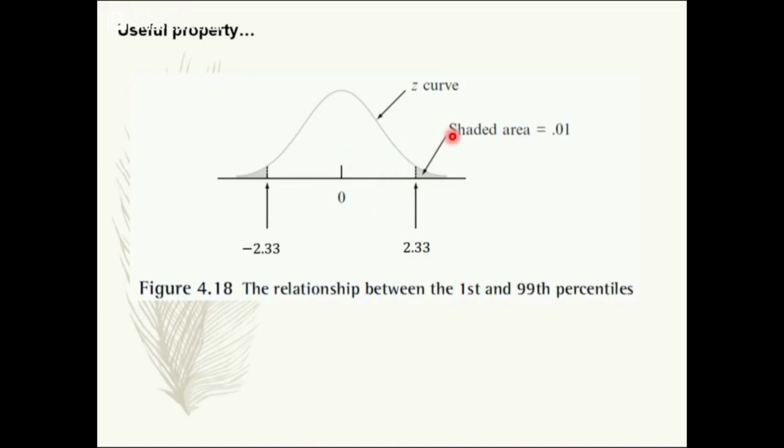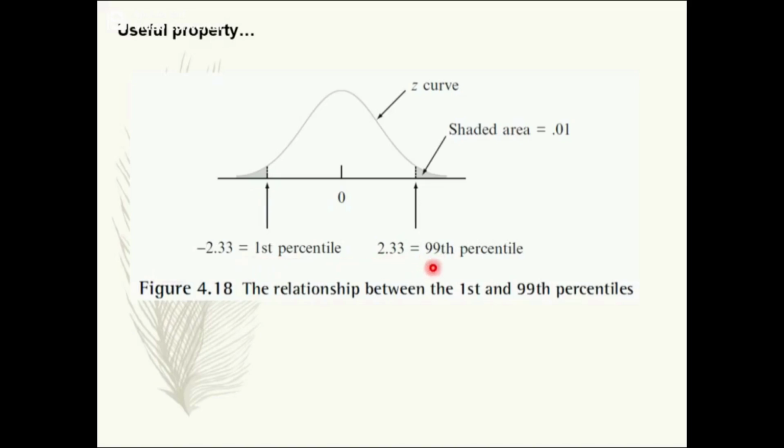And due to symmetry, the area to the left of minus 2.33 is exactly the same, which is 0.01. So what this means for you is that minus 2.33 is the first percentile. So 2.33 is the 99th, minus 2.33 is the first.